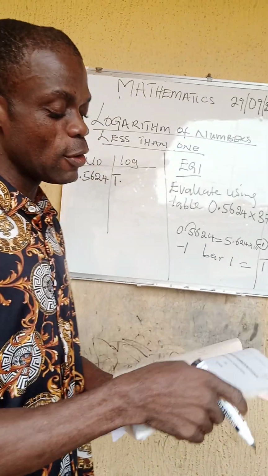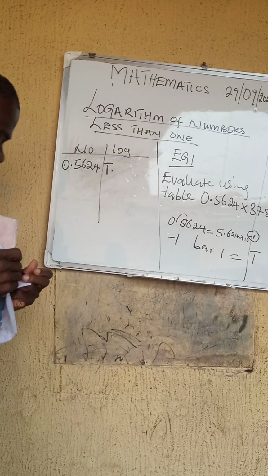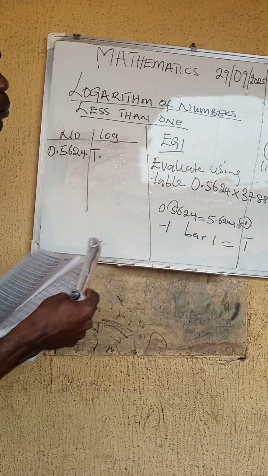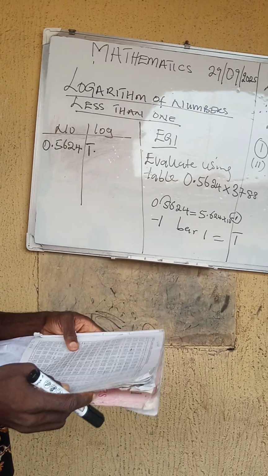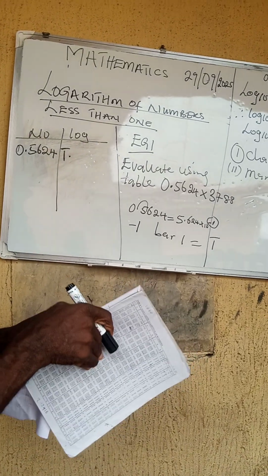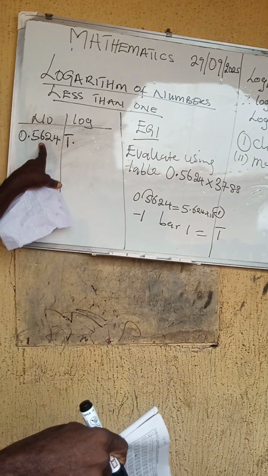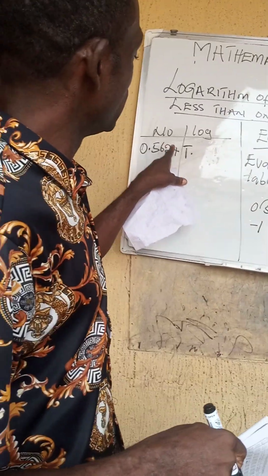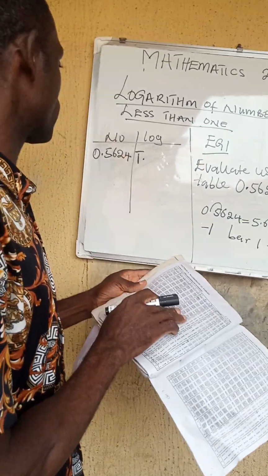If we go to the logarithm table, in our previous discussion we have seen how to look for numbers in the log table. So we are going to look for 56 under 2, difference 4. 56 logarithm, not antilog.